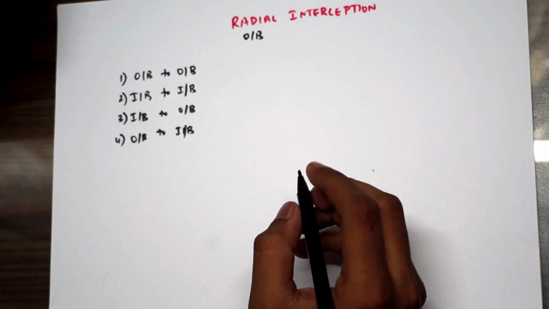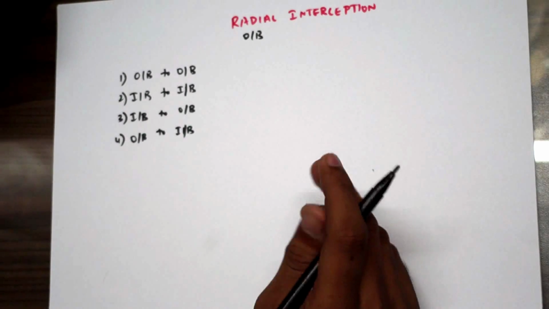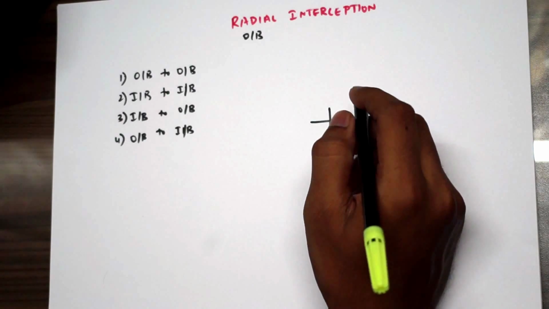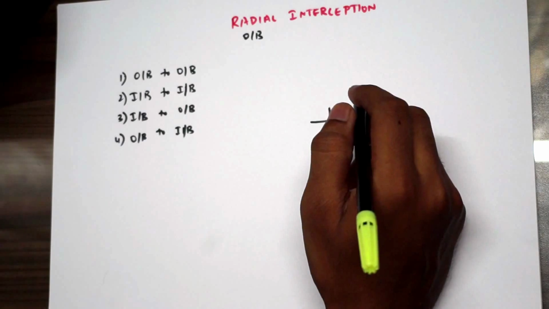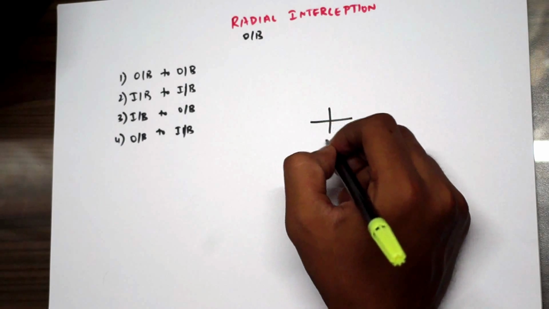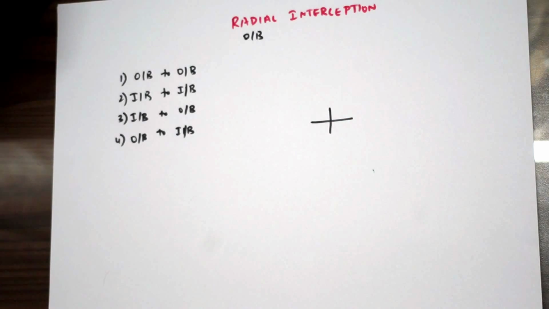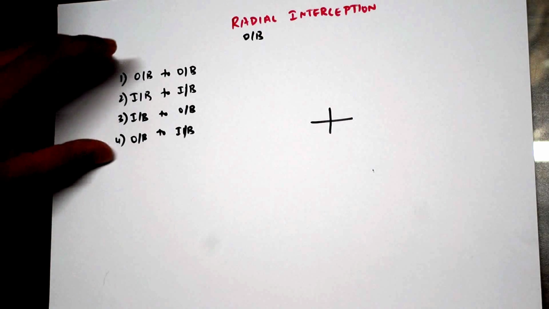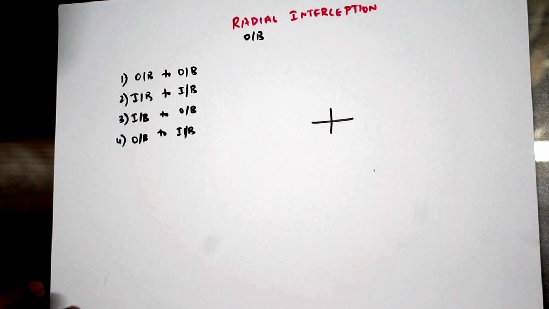Again, the key important part in radial interception is imagining where exactly you are. I told you an exercise in the first video on how to strengthen your imagination using the sectors theory: take random numbers, ask your friend or yourself you are on such and such radial, which sector you are in. So it is important that you imagine where exactly you are. Then these four procedures will become very easy to do.